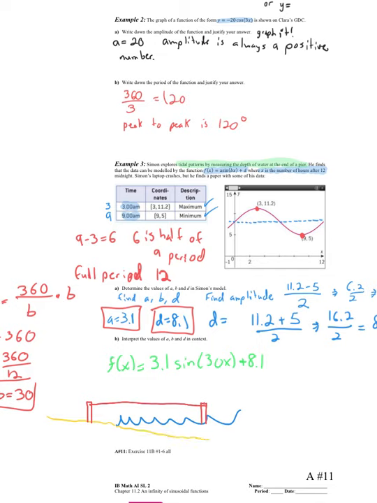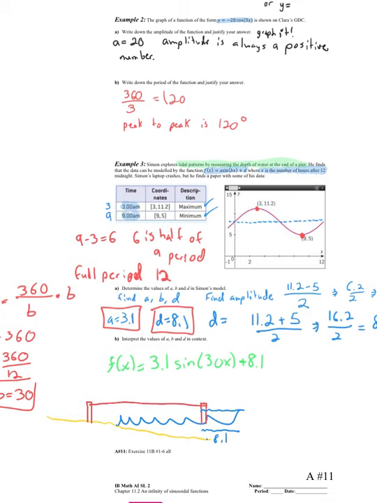What we're going to see is the average depth here should be our midline, 8.1. So that's what the D value is. The average depth is 8.1, and we're going to see the tides going higher. So the water's getting deeper as the tides get higher, or the tides get lower and the depth gets lower as well. That's what's happening.